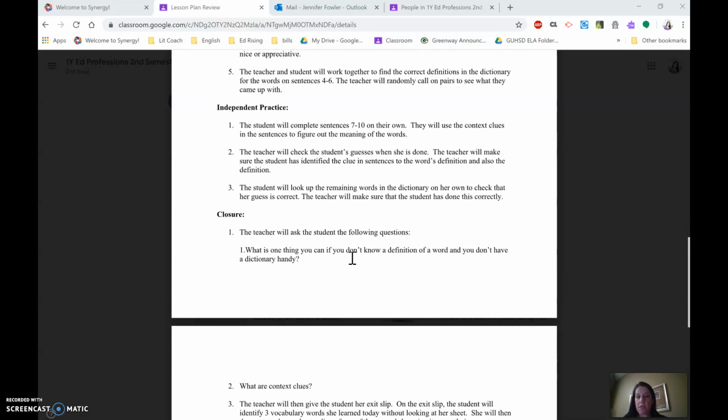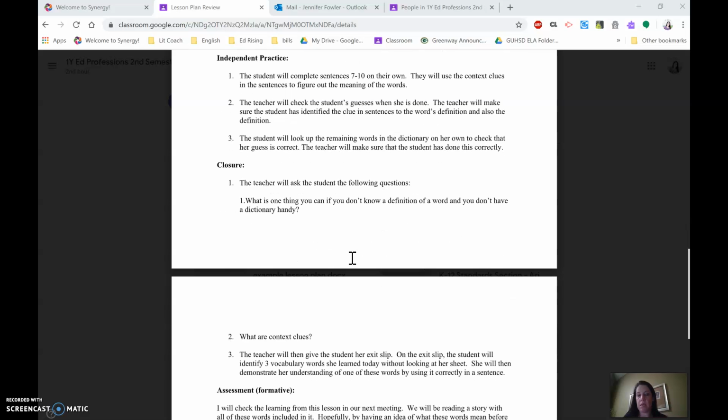Closure is different than independent practice. Like the Edpuzzle that we did the other day, closure is like the finale. It's a concluding paragraph of an essay. It's the mic drop. We're bringing it all together. It's usually 5 minutes at the end of the class period, and you're just double checking that kids are beyond the independent practice.